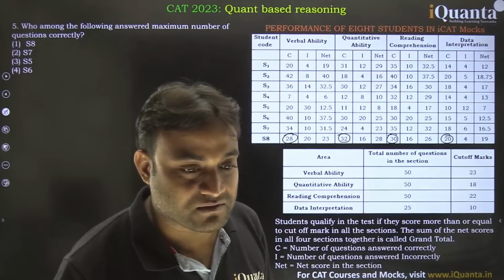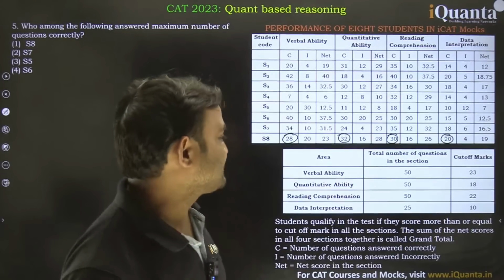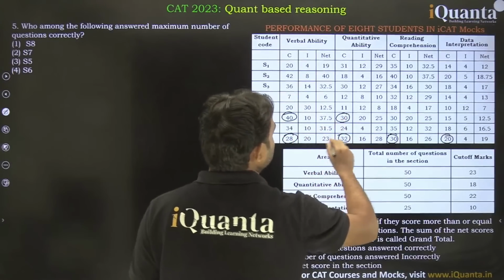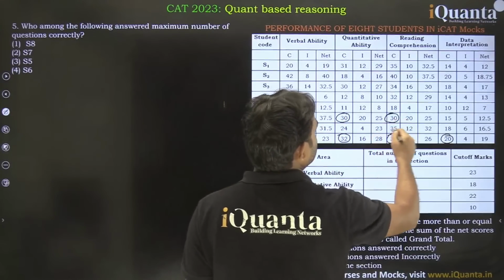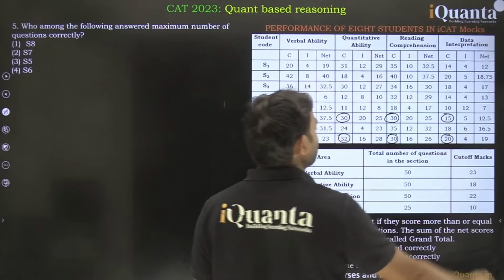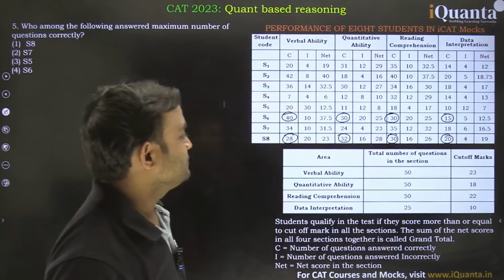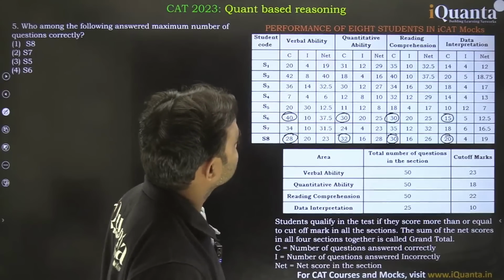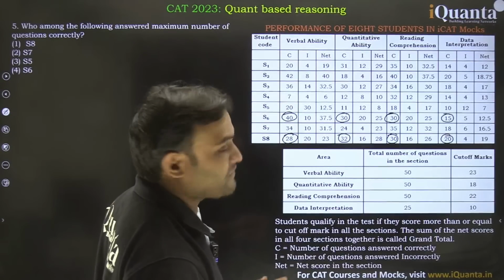Who has answered the maximum number of questions correctly? Is it S6? S6 answered 40 plus 30, 70 plus 30, 100 plus 15, 115. And for S8 it is 110. You can also check other values.